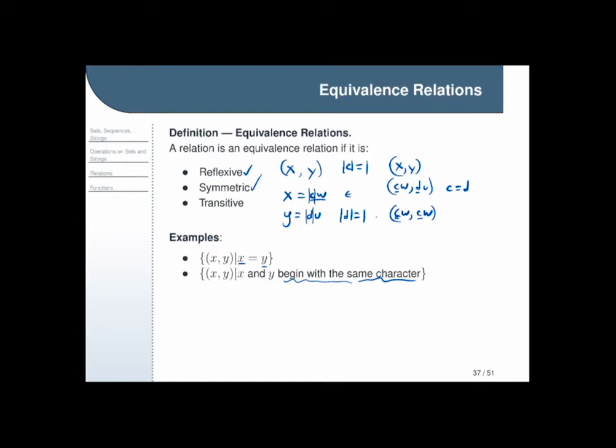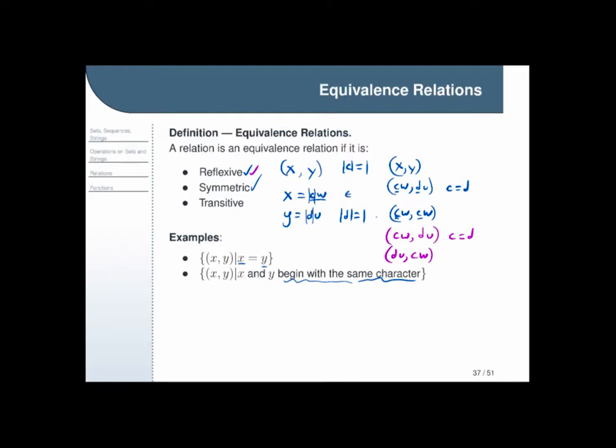So great. Now we have a double check on reflexive, right? Reflexive is now proven in general. All right, well, if we have X and Y related to DU, and therefore that C is equal to D, is it automatically the case that DU is related to CW?